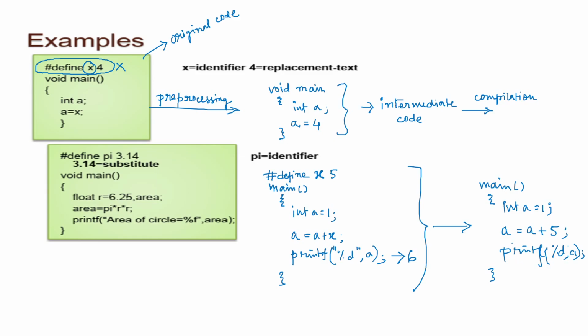So a = a + 5 is a valid code, no issue, and it produces the correct result.